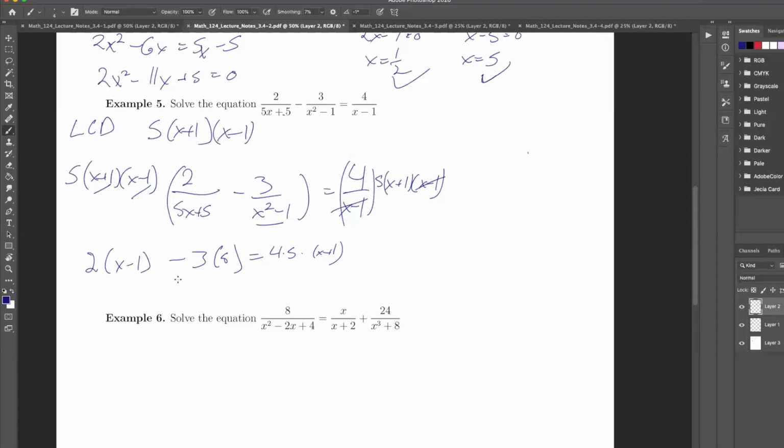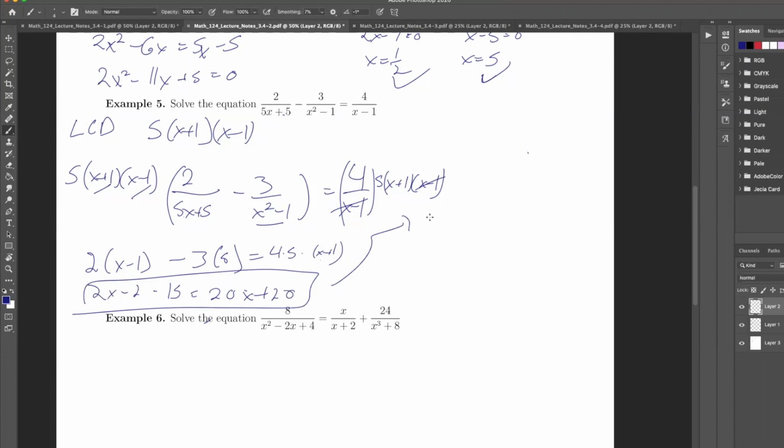Okay, let's simplify this. So I get 2x minus 2 minus 15 equals 20x plus 20. And so once again, when we do this, we get down to a normal equation. And in fact, this one's linear. So let's move the 2x this way and the minus 20 this way.